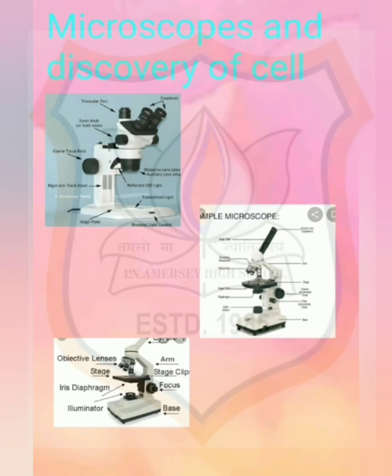Then it was Robert Brown in 1831 who discovered the nucleus in the cell. Now, in 1839, with the help of two scientists, cell theory was explained. According to the cell theory, all the plants and animals are composed of cells, and the cell is the basic unit of life. We can say the cell is the fundamental unit of life.